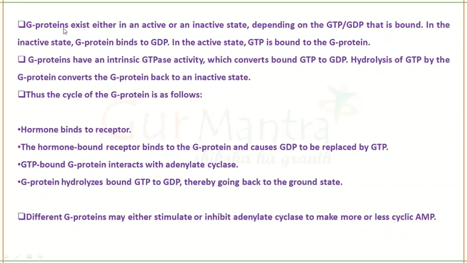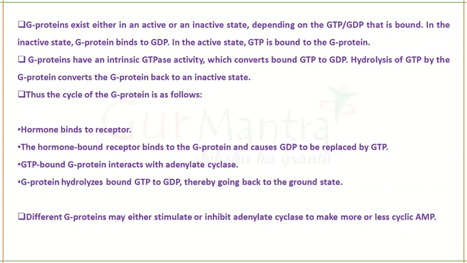G proteins exist either in an active or an inactive state, depending on whether they are bound to GTP or GDP. In the inactive state, G protein will be bound to GDP, and in the active state, GTP will be bound to G protein. So active is GTP, inactive is GDP.